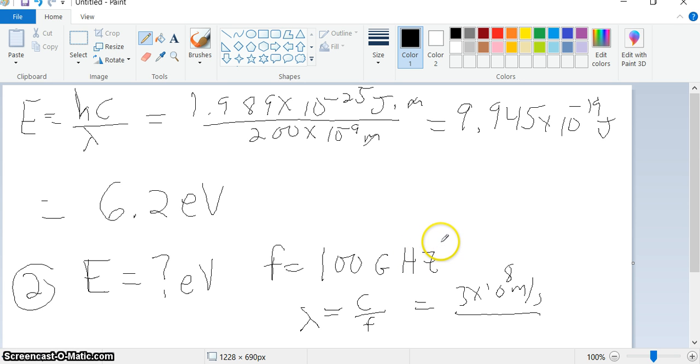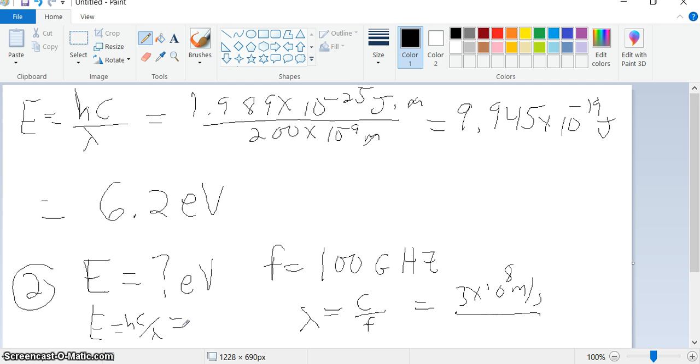The idea is we really have to just convert this. Actually, there are several ways to do this. We have to convert gigahertz to hertz. We could also change to the wavelength, because we have the equation that the energy is equal to h times the speed of light divided by the wavelength. So there's an alternate way of doing this.